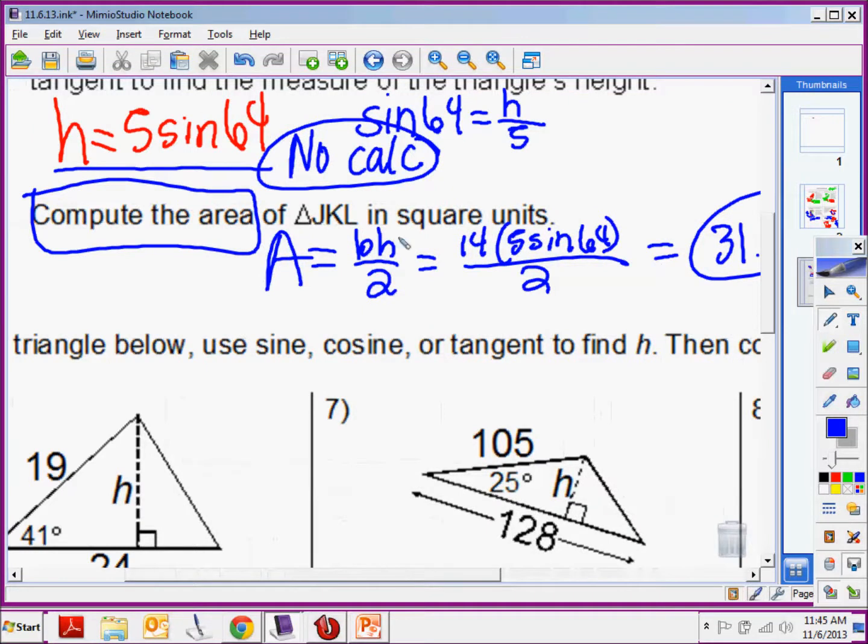It even tells you in there, it says in square units.